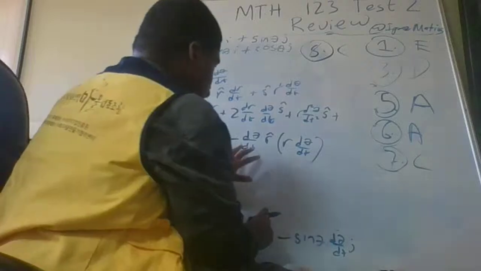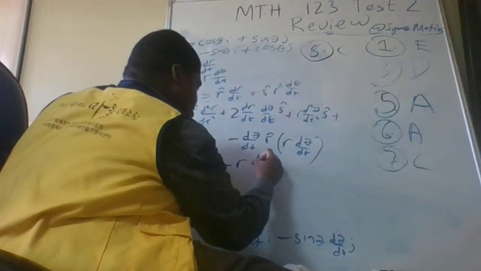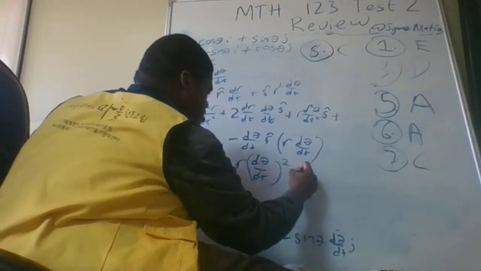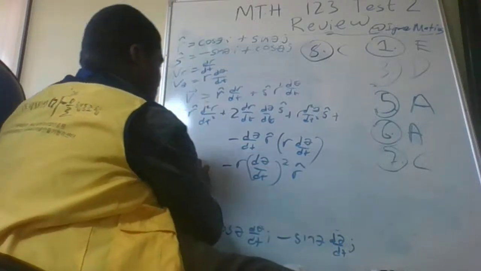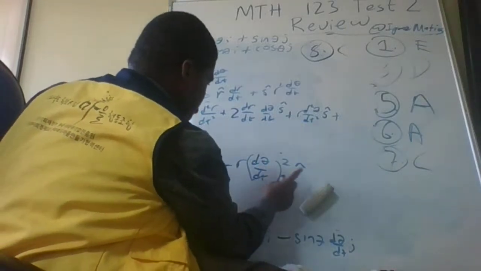So if you multiply, you're going to have minus r (dθ/dt) all squared times our radial unit vector.